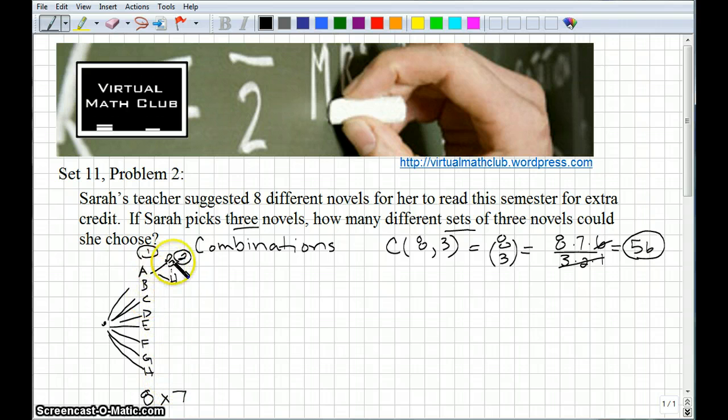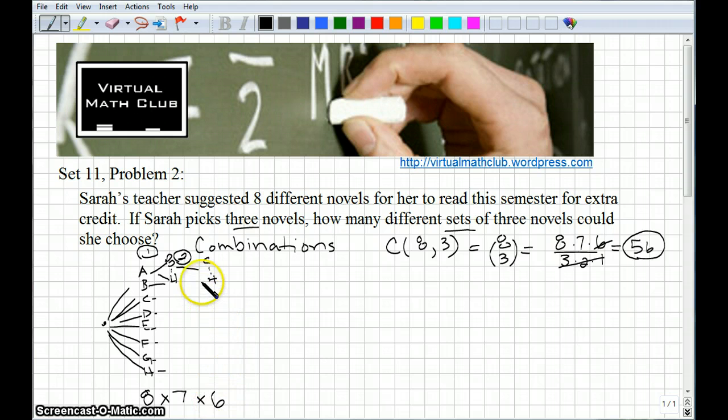So we'd have 7 branches off each of these 8. So that's 7 times 8. And then it gets really messy. If she chose B for her second novel, then she would have C through H for her choices for the third novel. So now we have 6 choices for the third novel.